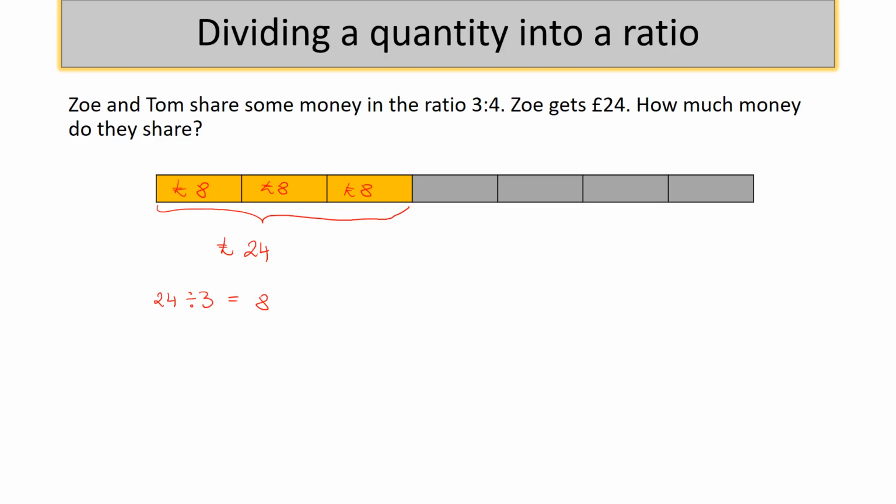So altogether, they shared 7 parts. 3 and 4, that is 7. So if one part is £8, then 7 parts is 7 times 8, which is 56. So that means that they shared £56.